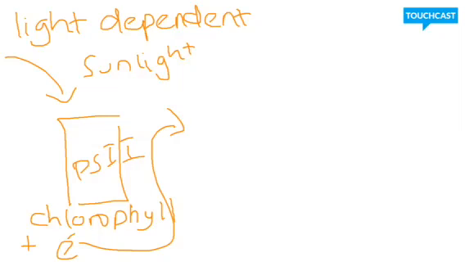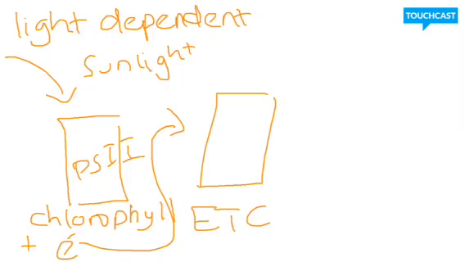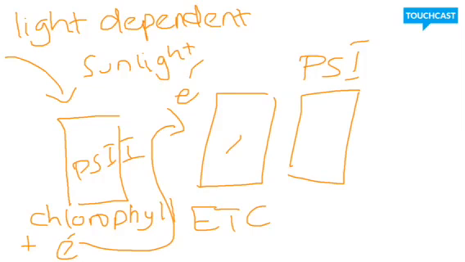This energy is transferred from the chlorophyll which absorbed the sunlight, and this electron will travel through the electron transport chain into the other protein known as photosystem 1. Now you will notice that the electron lost its energy.